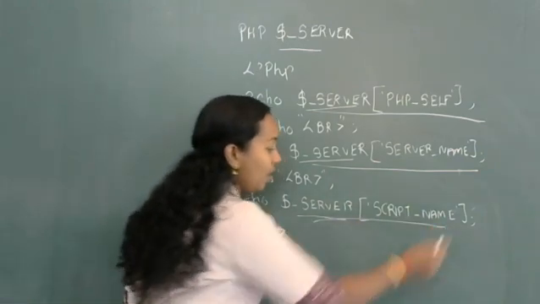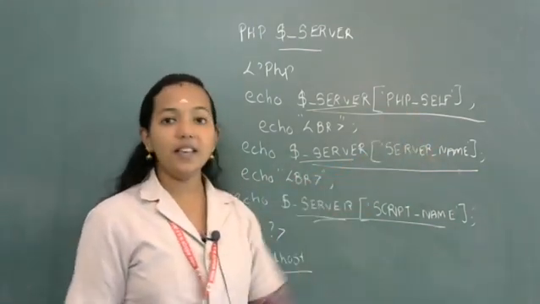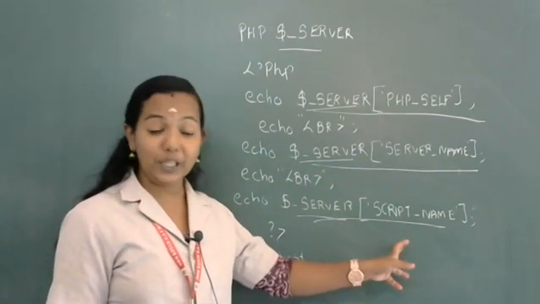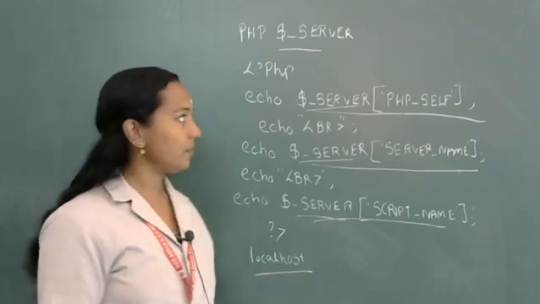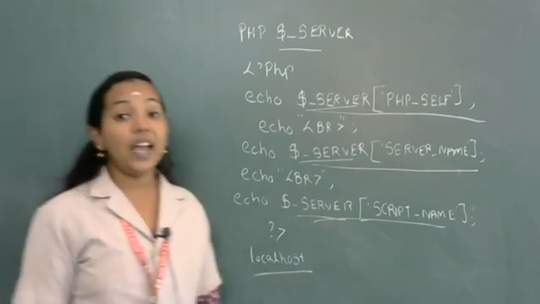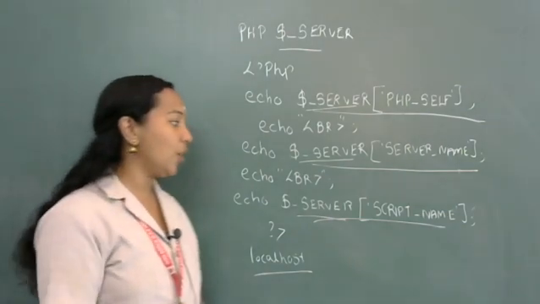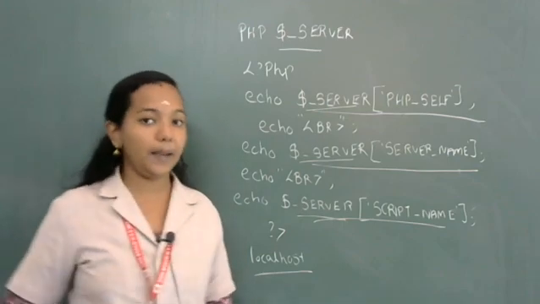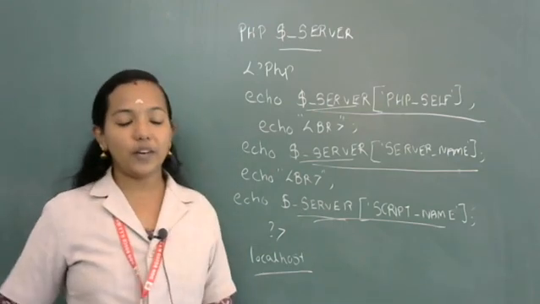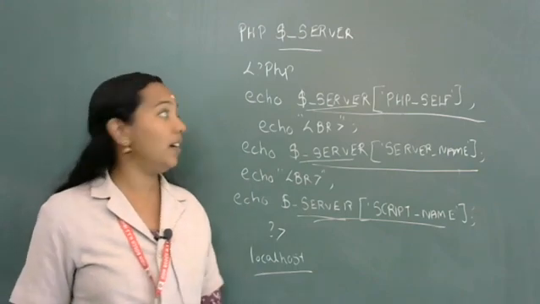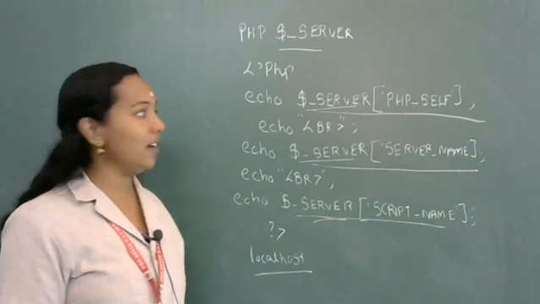Then $_SERVER script name is the same as PHP_SELF. This is used to display the currently executing script name. Clear? I think it is clear. So $_SERVER is used to give the information regarding the server.